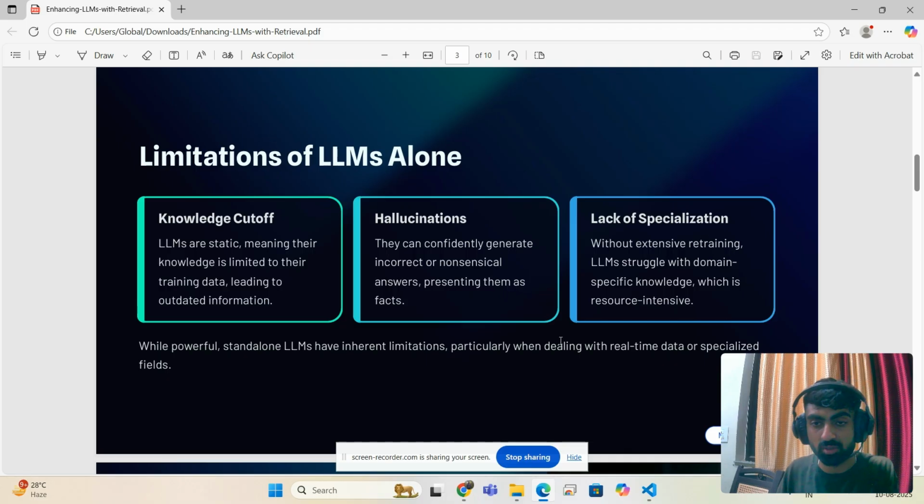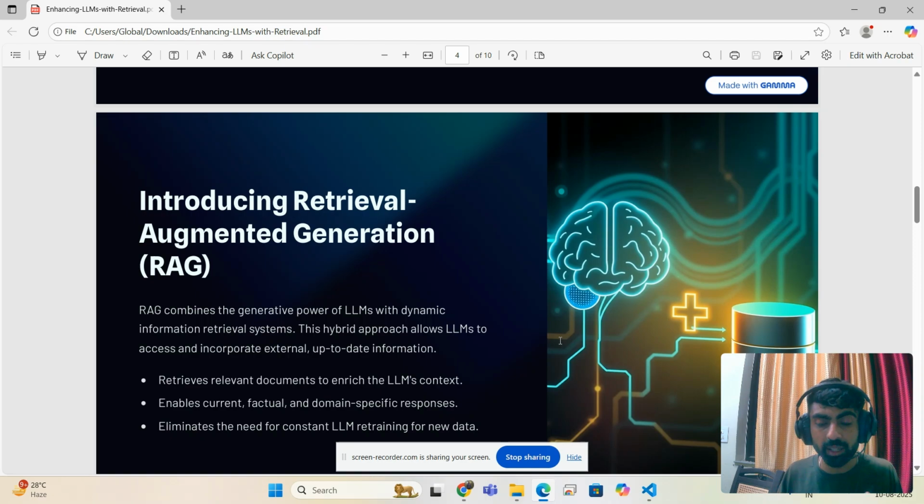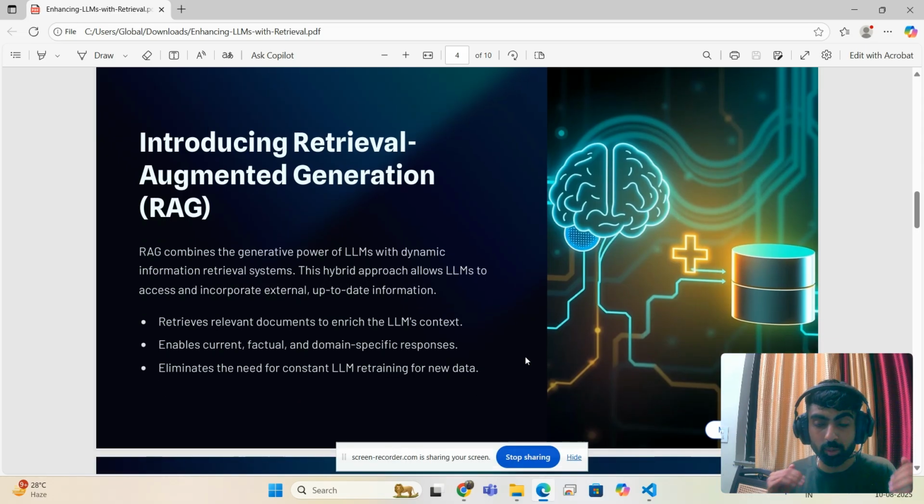It does not have personal information. So we thought of connecting the large language model with our personal data so that the LLM can give answers based on this personal data also. So this is the basic overview of RAG, connecting personal data to the large language model. Okay.